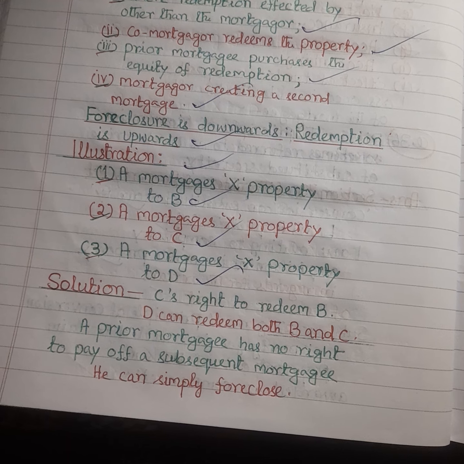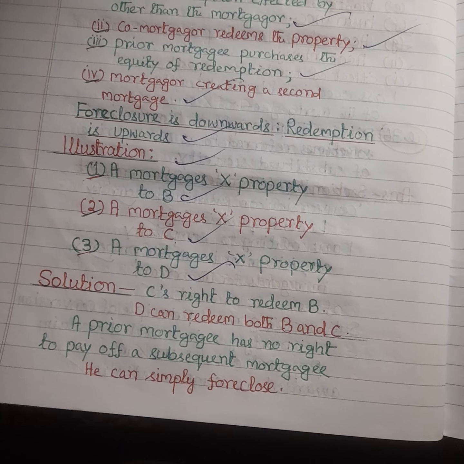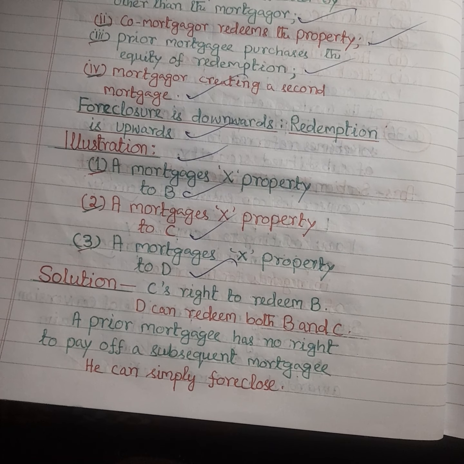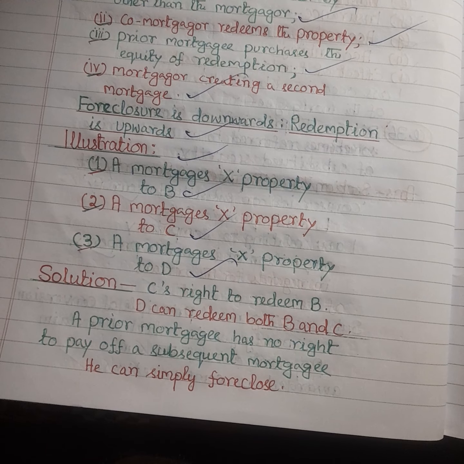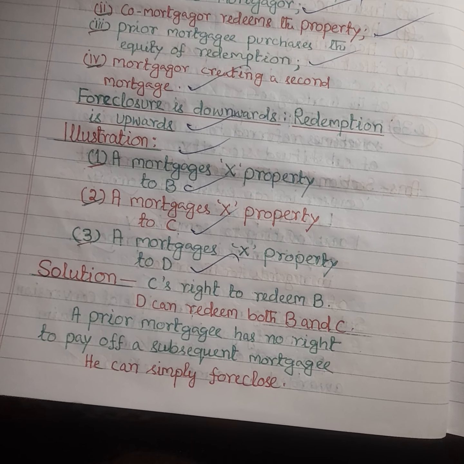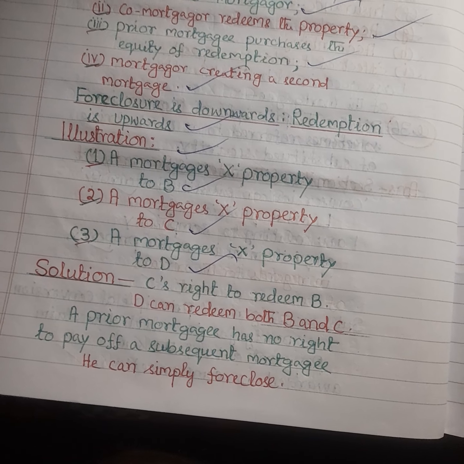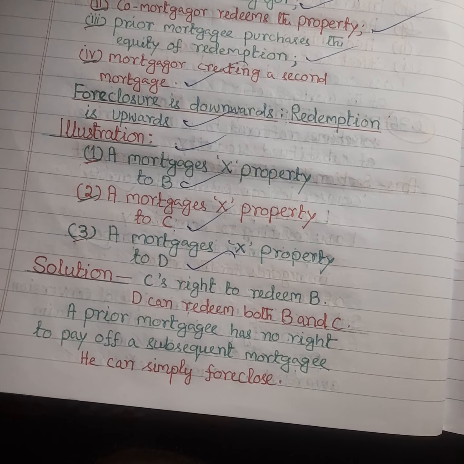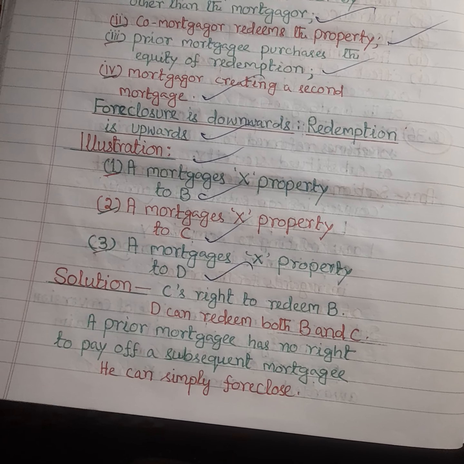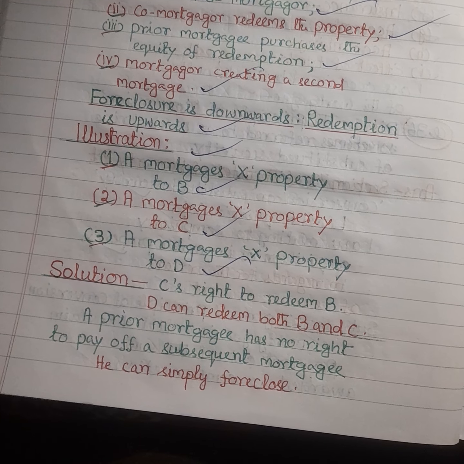In other words, since C's mortgage is subject to B's, C has a right to wipe off the encumbrance, and D's mortgage is subject to C's and B's, so D has the right to pay off C and B. This is redeem up.